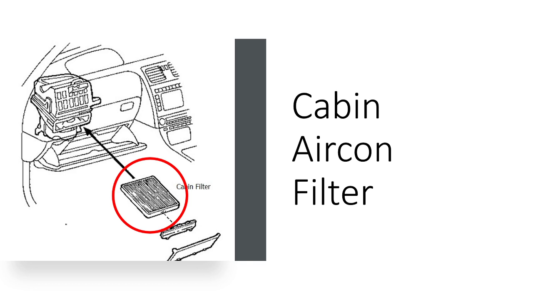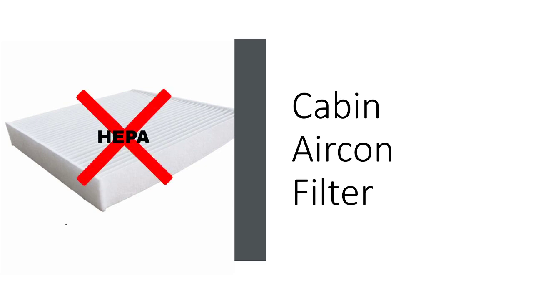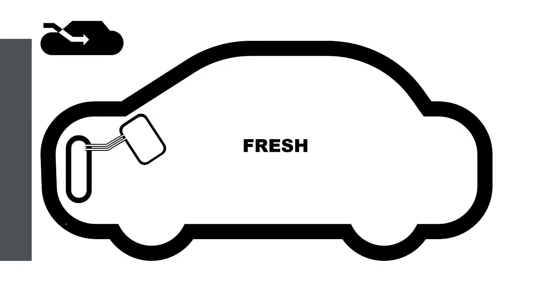In most cars, the aircon air filter is not a HEPA filter or high efficiency particulate filter. It's only efficient up to 98%. A HEPA filter will have an efficiency of up to 99.97%, which can filter bacteria and viruses.